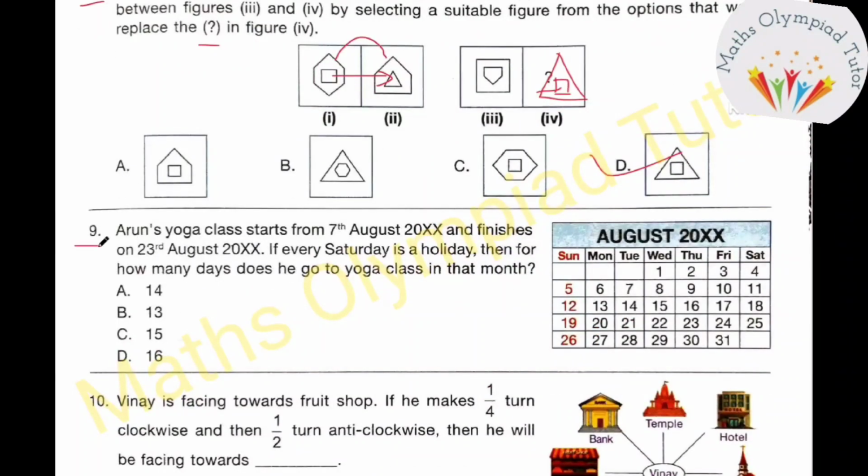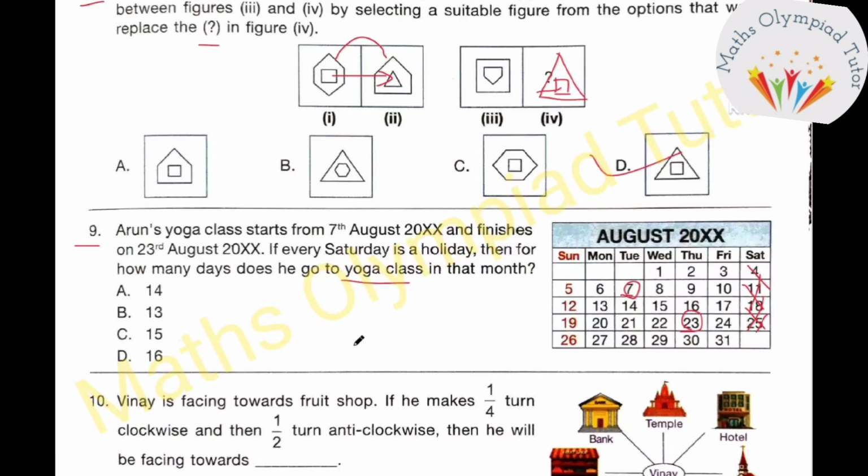Ninth question is Arun's yoga class starts from 7th August, and the classes finish on 23rd August. If every Saturday is a holiday, so he is not going to yoga classes on Saturday, then for how many days does he go to yoga class in that month?